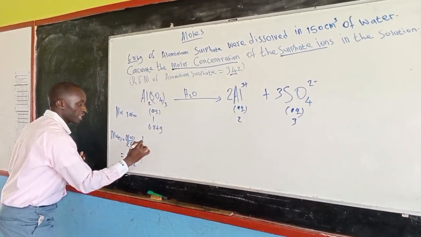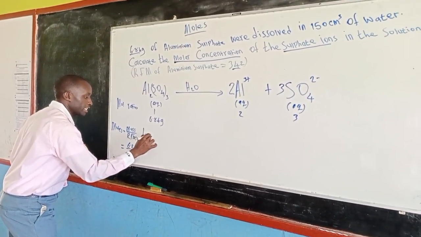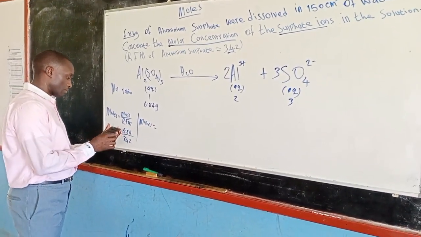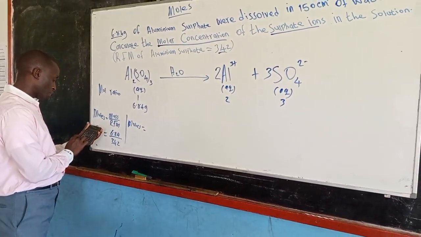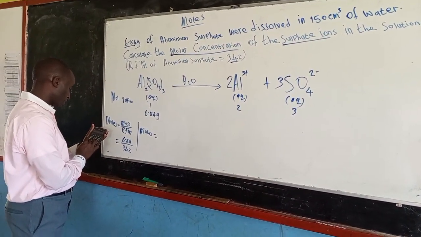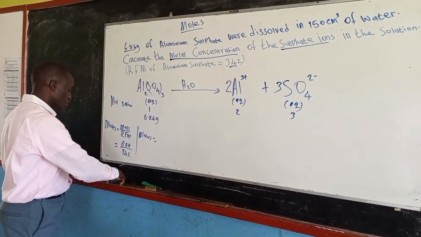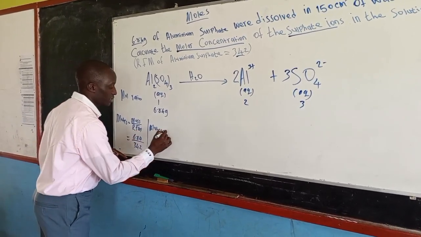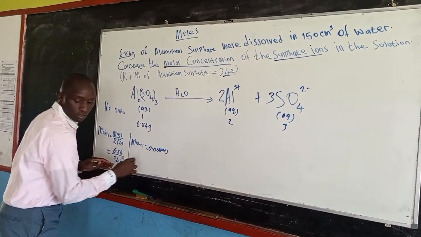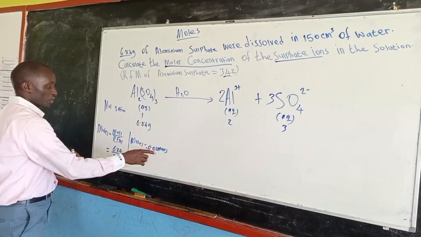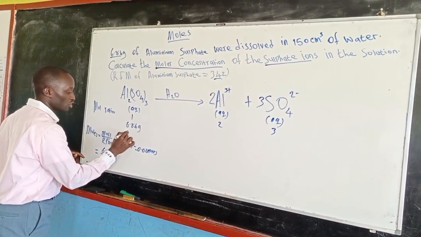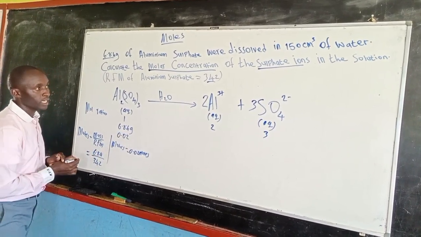Using my calculator, 6.84 divided by 342, we get 0.02 moles.